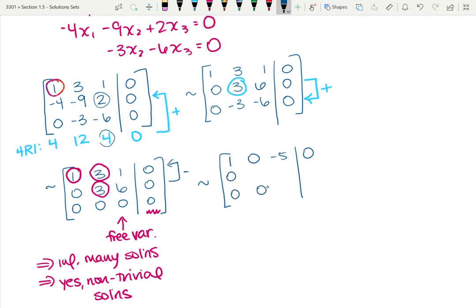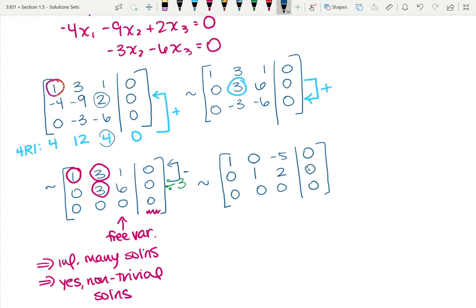And let's go ahead in this same step. We can just divide this row by 3. So 0 divided by 3 is 0, and then we would get 1, 2, 0.